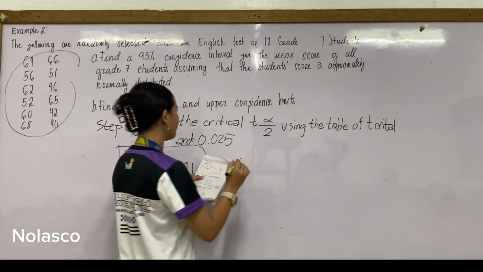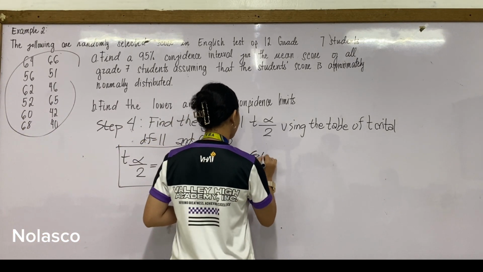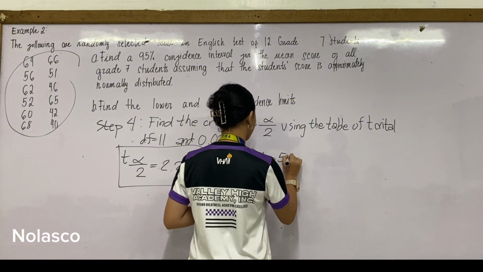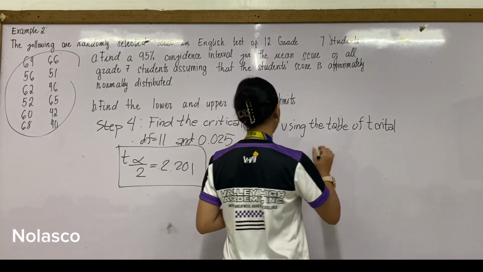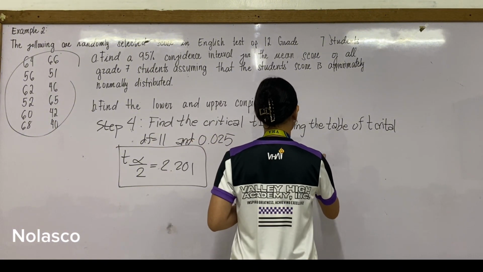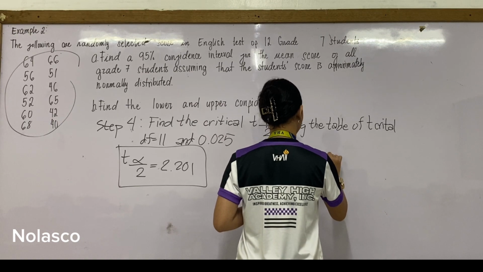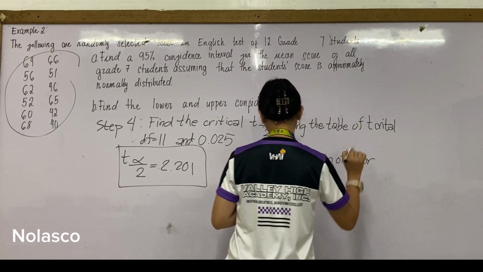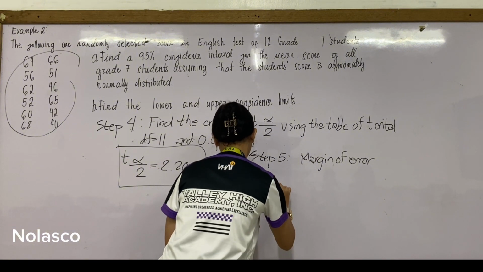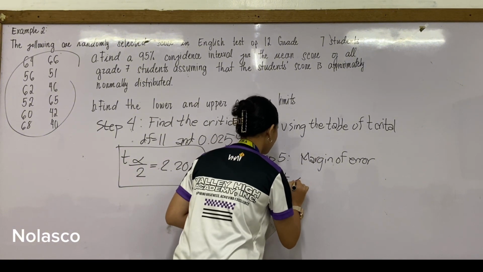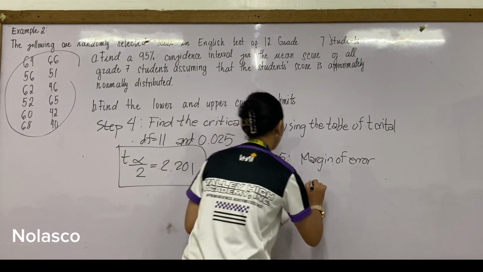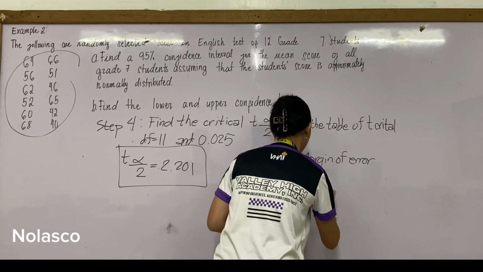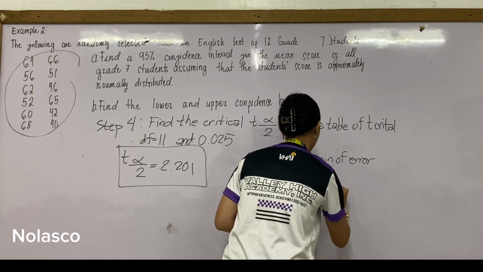And our step 5 is we need to find the margin of error. So A is equal to T sub alpha over 2 times the standard deviation over square root of n.